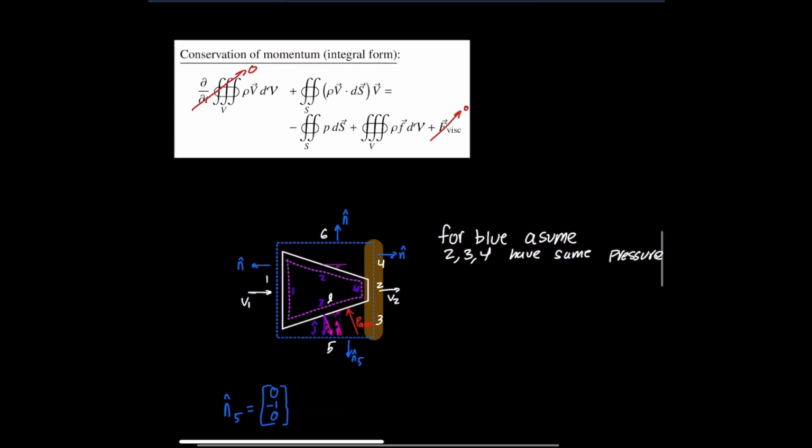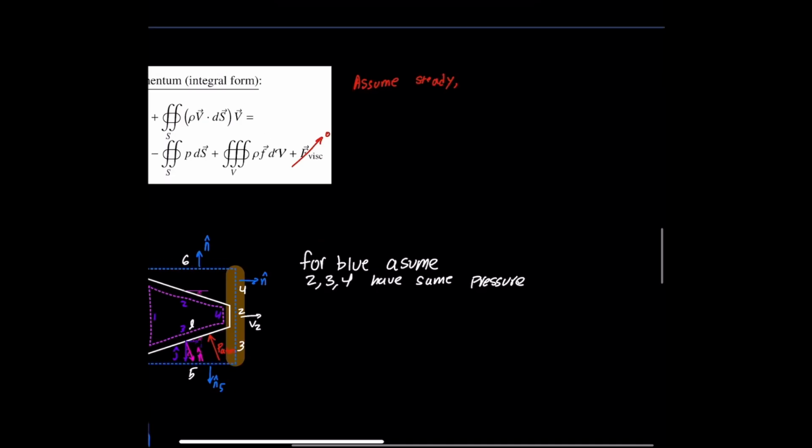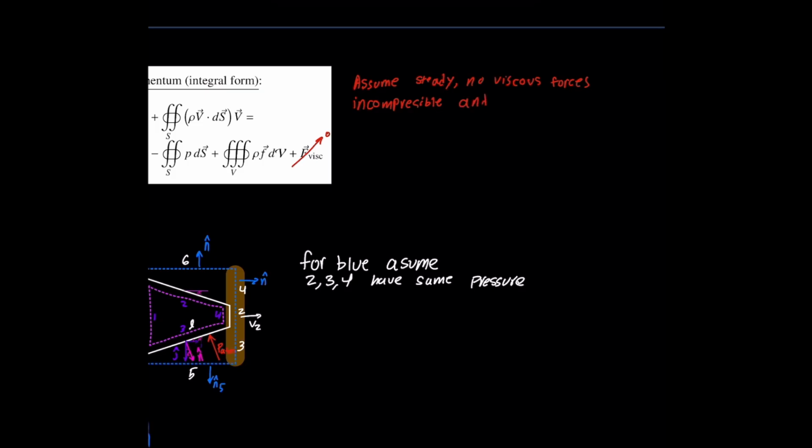But like I said, we're only evaluating the double surface integral that contains pressure, and I'm going to write the assumptions down right here. And incompressible just means that the density is constant. And with the surface integral that I'm going to be talking about, it doesn't really matter that much.